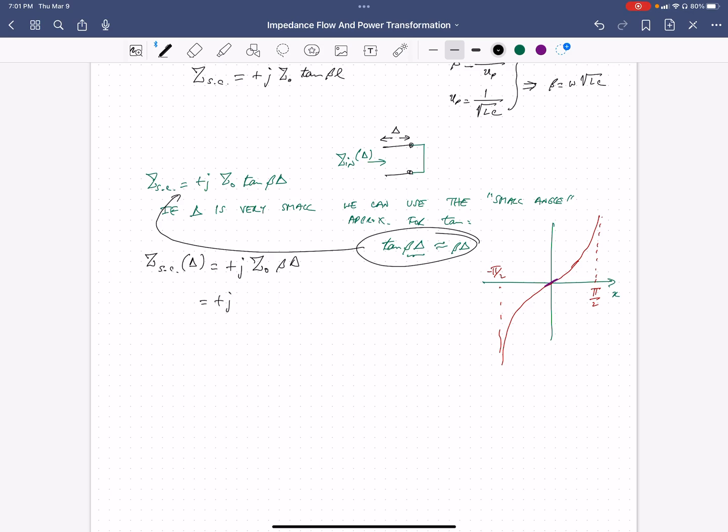Z0 for a lossless transmission line is the square root of L over C.